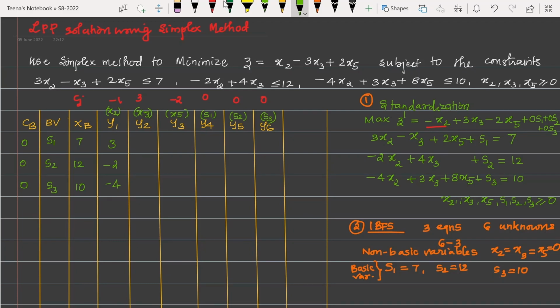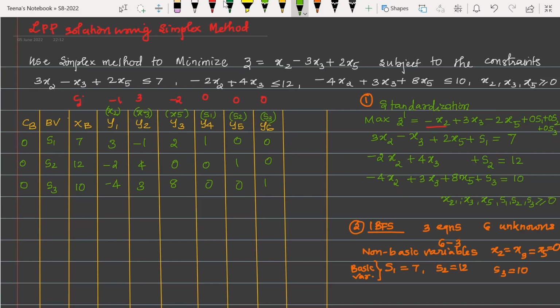X3 variable is with coefficients equal to minus 1, 4, 3 from the three equations, and x5 variable is with values equal to 2, 0, 8, and s1 coefficients are 1, 0, 0, s2 coefficients are 0, 1, 0 and s3 coefficients are 0, 0, 1. So we filled in all the values from the given standardized linear programming problem.